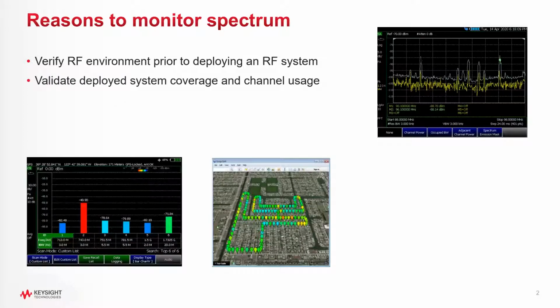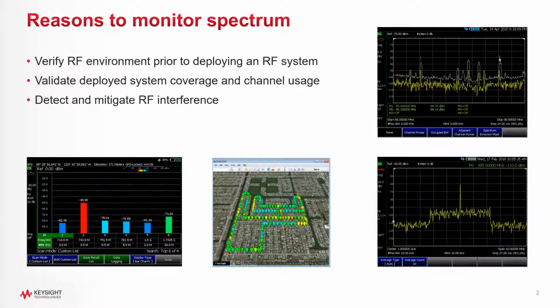Another reason to monitor spectrum is to validate. We've put our network out, or we've got our system running. Are we getting the coverage we need? Are we using the channels we're supposed to? What does that look like? Another reason would be to detect and mitigate interference, which is what we're going to talk about today.